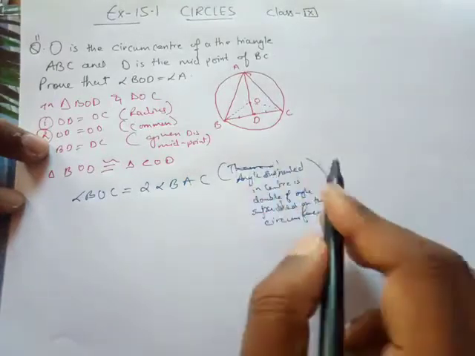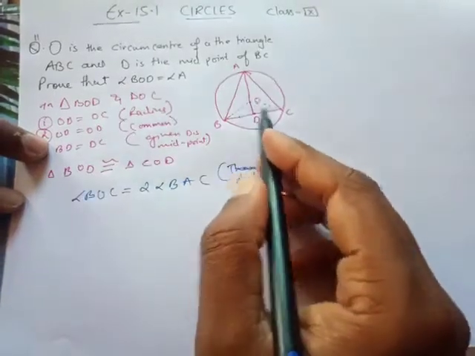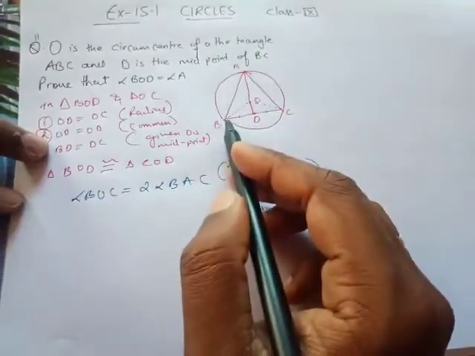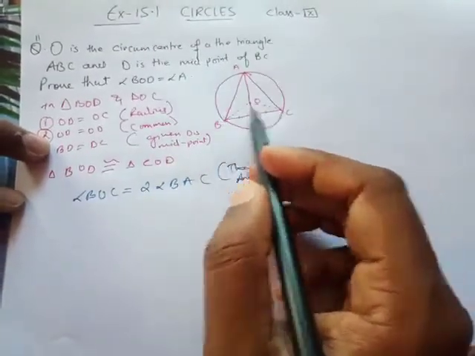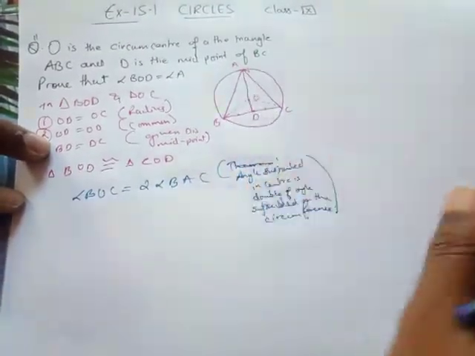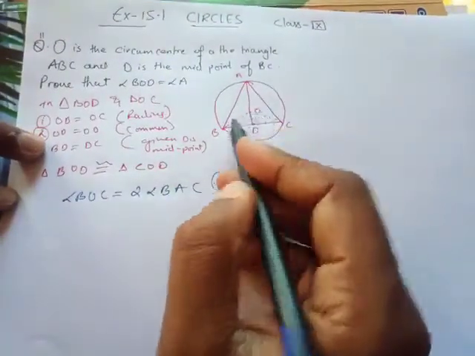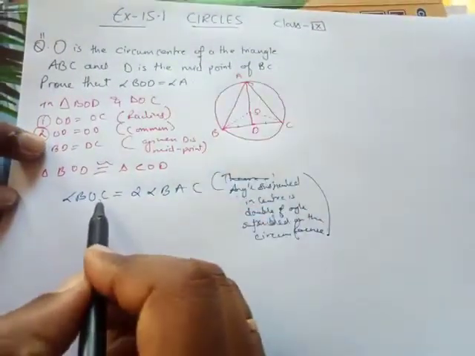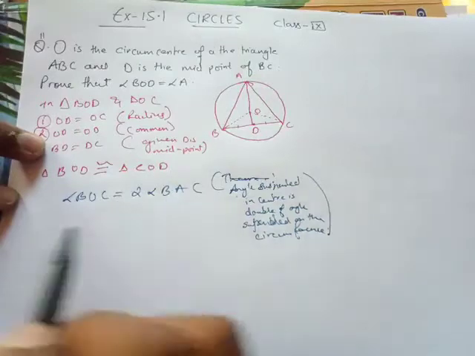So what I have written in the reason is, angle subtended at the center by a chord or an arc, and when the same arc subtends an angle at the circumference, this angle is going to be double of this angle. So BOC is going to be double this angle.